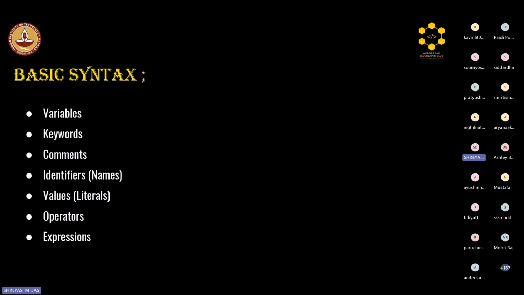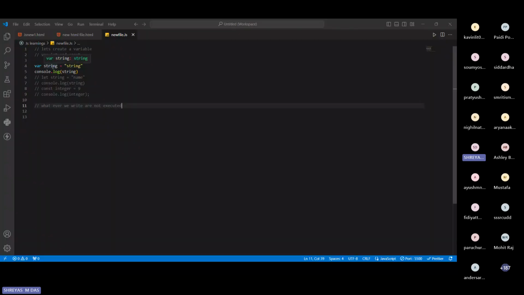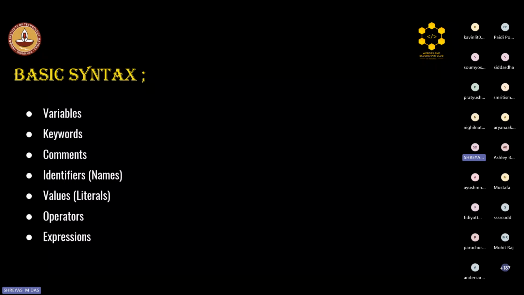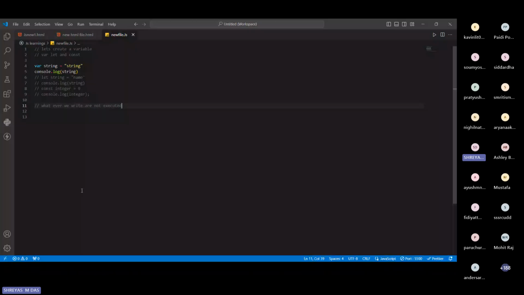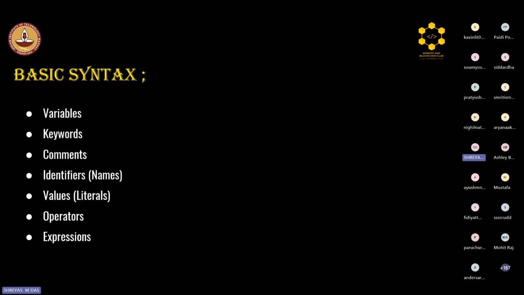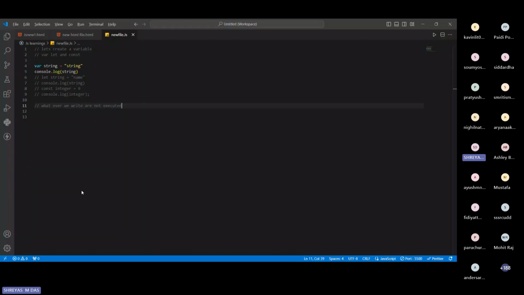And identifiers are these strings, which are called identifiers. Then values. Values might be a new string or a new integer or boolean. These are called values, literals, operators, and expressions. We will be discussing these in the upcoming slides.